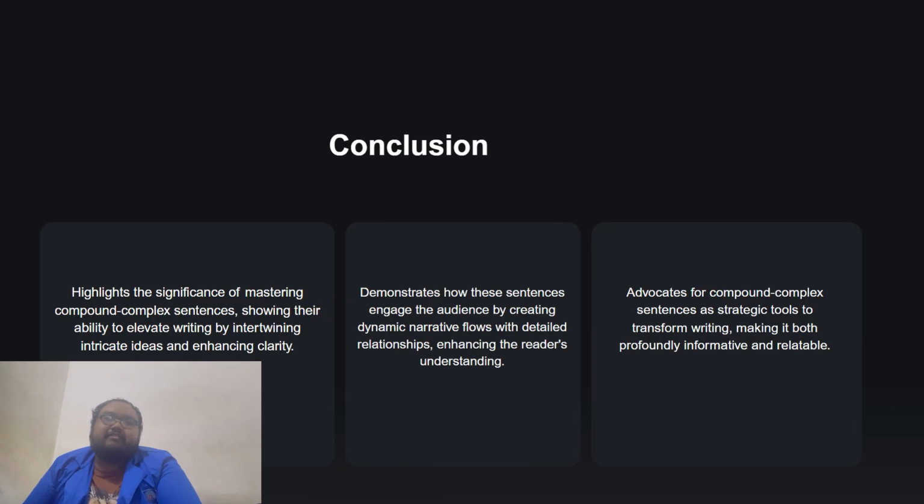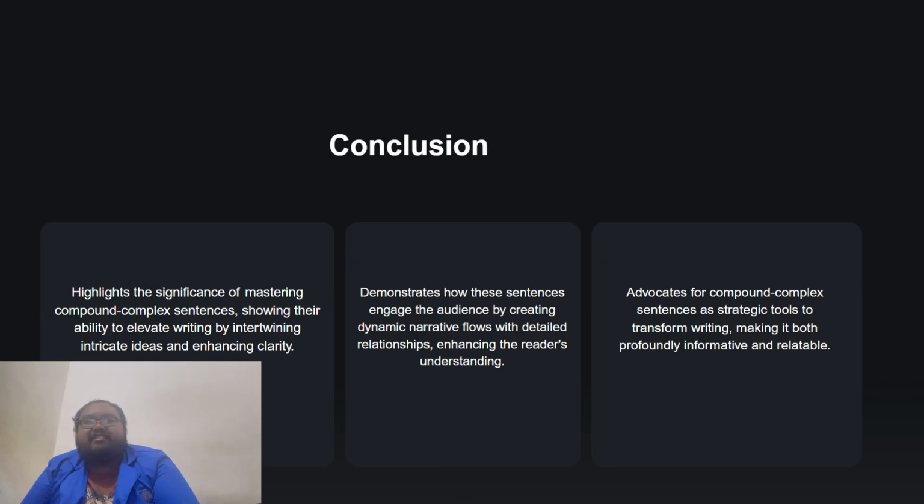But the conclusion of this is to highlight the significance of mastering compound complex sentences, showing their ability to elevate writing by intertwining intricate ideas and enhancing clarity.